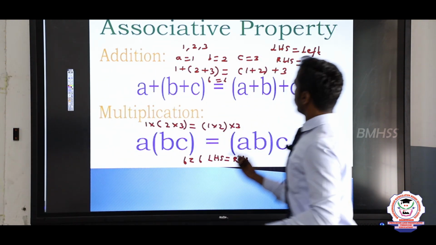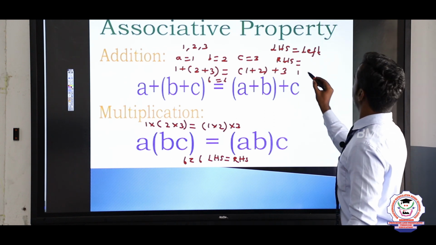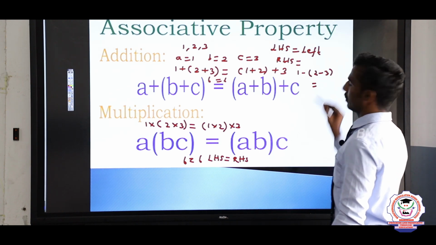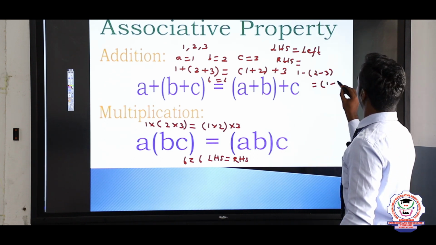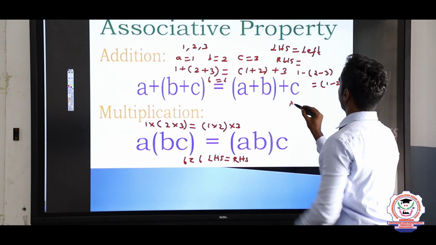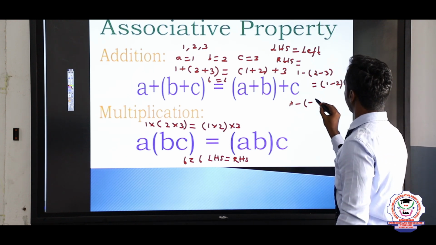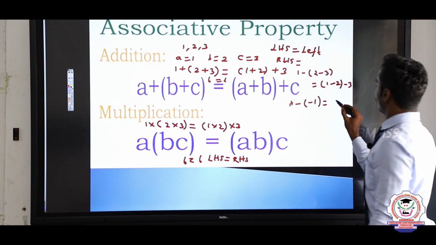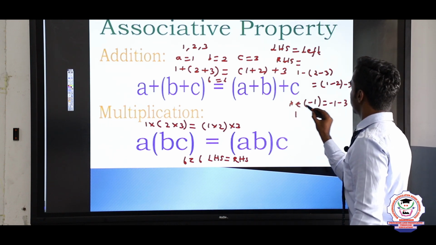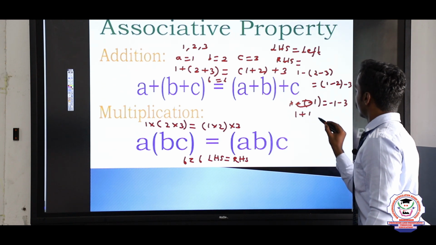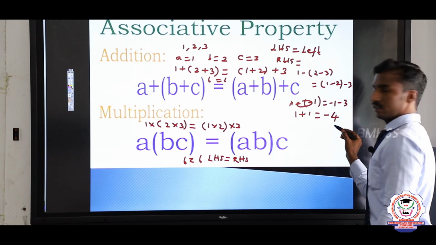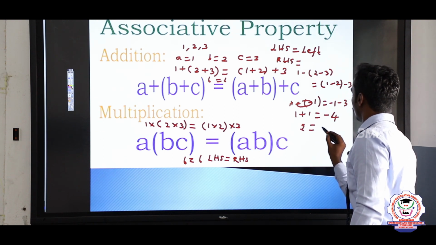Next, subtraction. 1 minus (2 minus 3) equals (1 minus 2) minus 3. 2 minus 3 is minus 1, so 1 minus minus 1 is 1 plus 1, which is 2. On the other side, 1 minus 2 is minus 1, minus 1 minus 3, same sign, add, we get minus 4. 2 is not equal to minus 4.